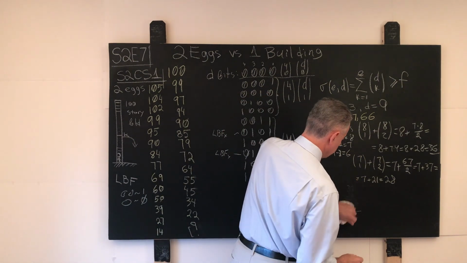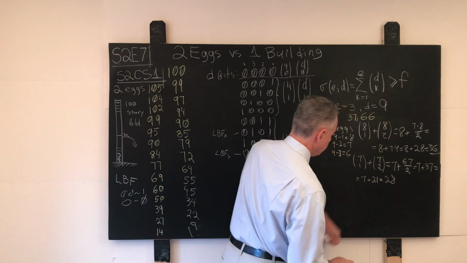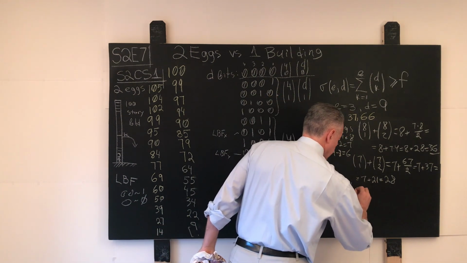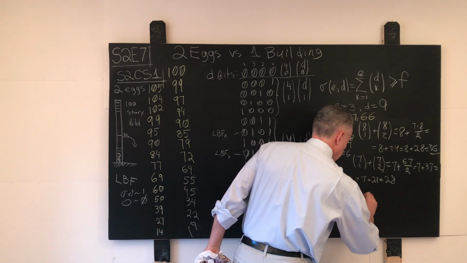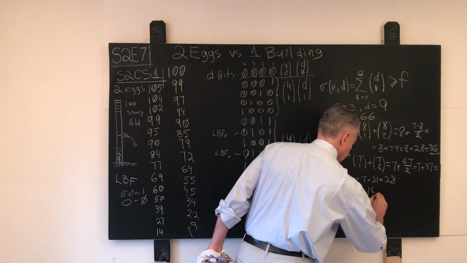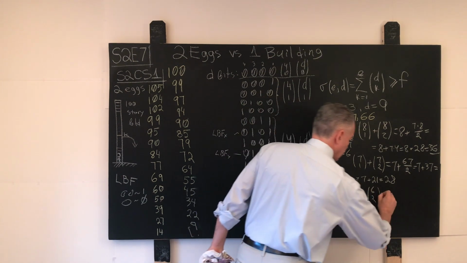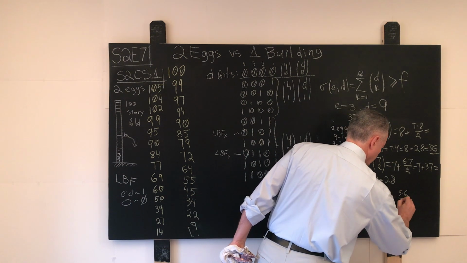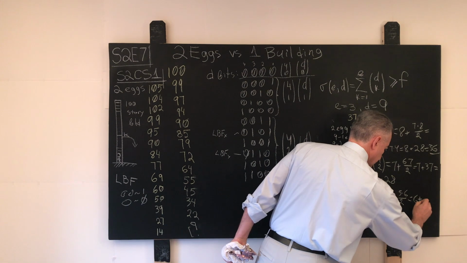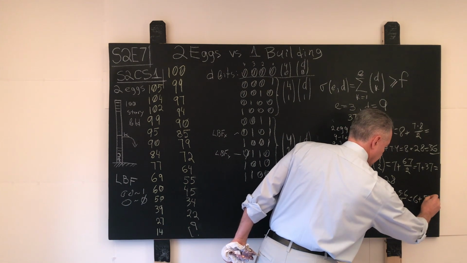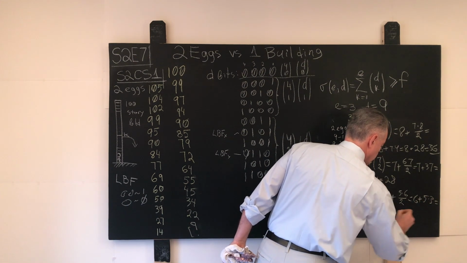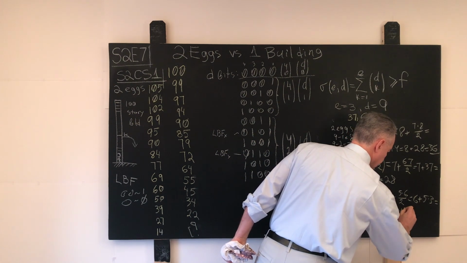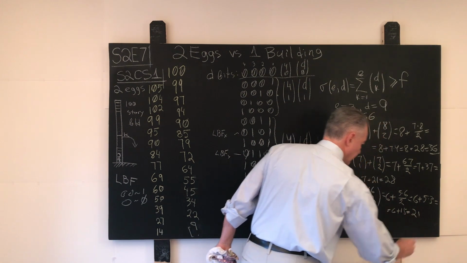Let me erase this right here. We will have here the binomial coefficients 6 choose 1 plus 6 choose 2. That will be 6 plus 5 times 6 over 2, which is 6 plus 5 times 3, it will be 6 plus 15, it will be 21.